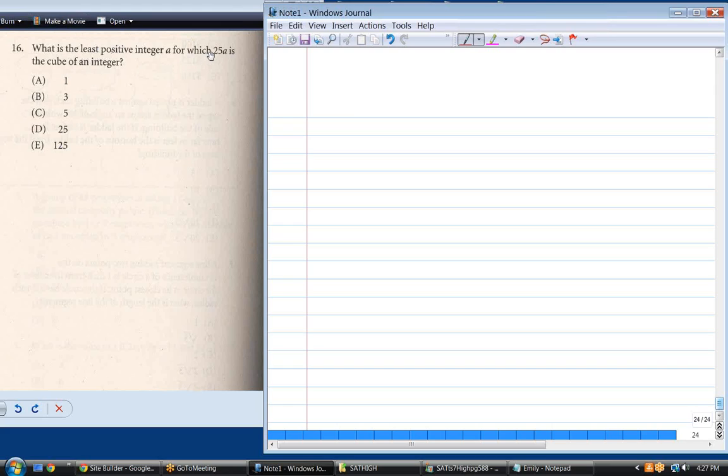So is 25 the cube of an integer? No. Is 75 the cube of an integer? No. Is 125 the cube of an integer? Yes. That's it. We don't have to check any higher. When you're back solving, you definitely want to pay attention to whether they're asking for least or greatest. If they said greatest, we'd start at 125 and work our way down.